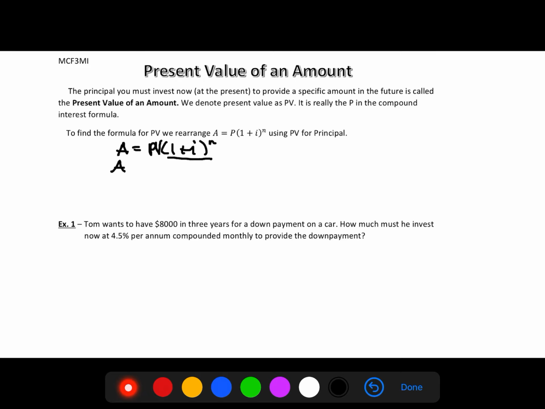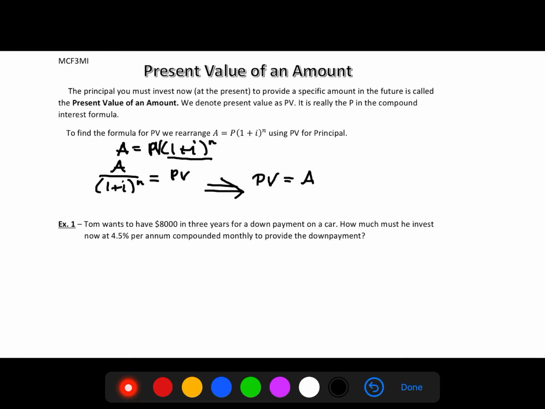So we're going to take a look at A equals P times 1 plus i to the power of n, and we're going to make that P PV. So what we're going to do is take this 1 plus i to the power of n to the other side, where it becomes dividing. So PV is equal to our amount divided by 1 plus i to the n.